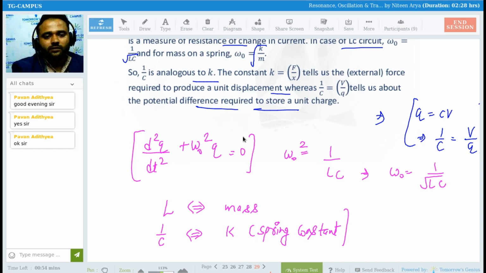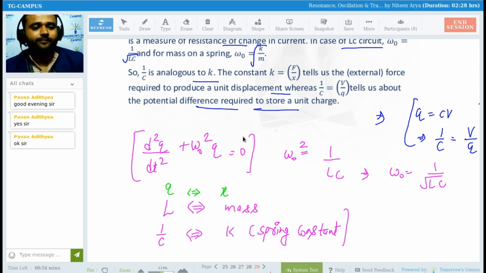One more thing: charge is analogous to displacement x. Is this clear, everyone? So in this way, this LC oscillation is important, and this is the meaning of LC oscillation.